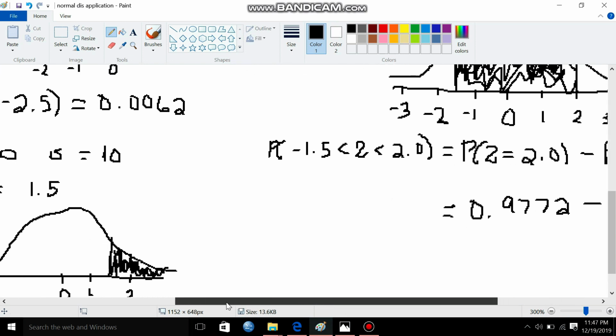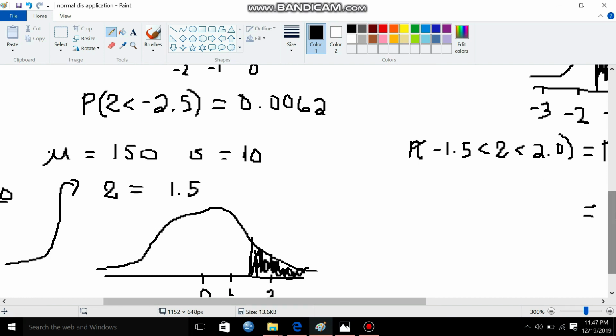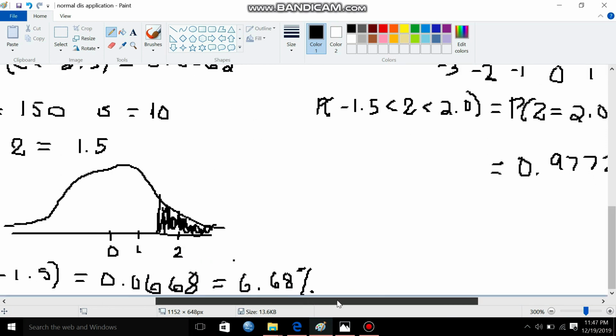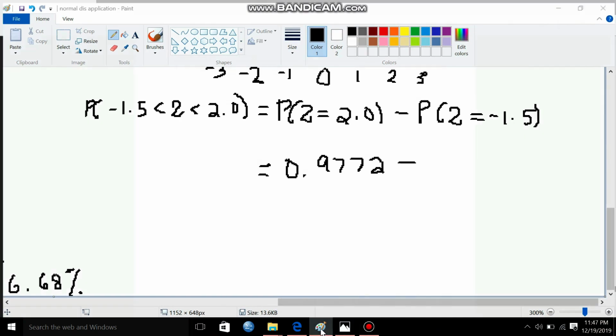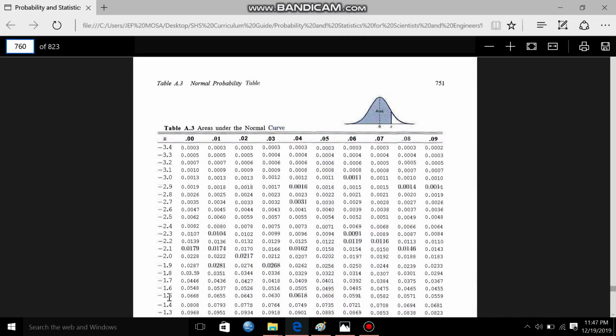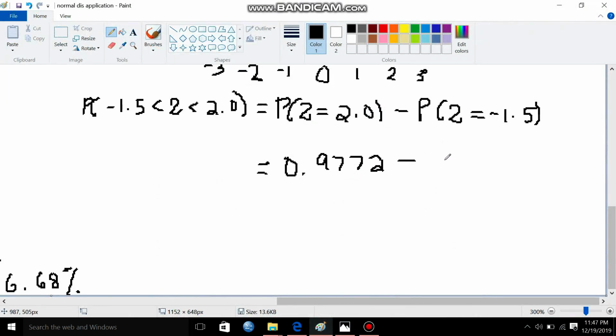If we take a look at our previous example, or if we look at the z table, negative 1.5 is this one, 0.0668.